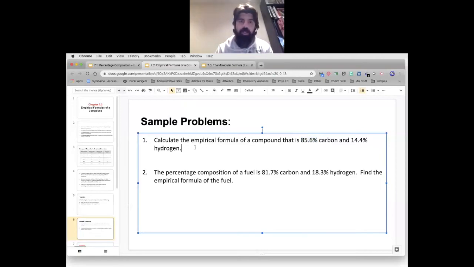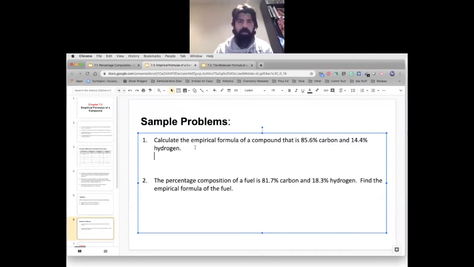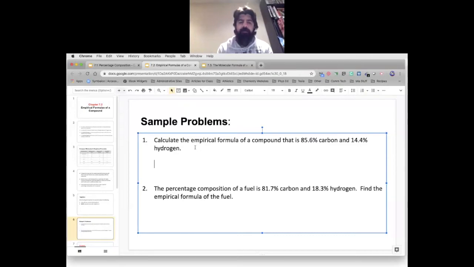What we're trying to do here is find the empirical formula. And this empirical formula is some kind of C, actually, let me put an X here, an H, and a Y. And let me actually take the time to put subscripts here.